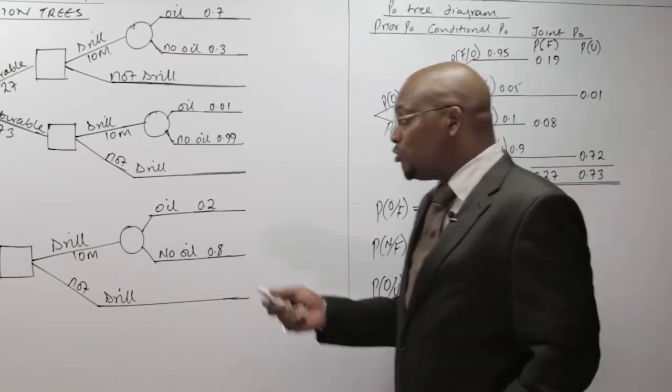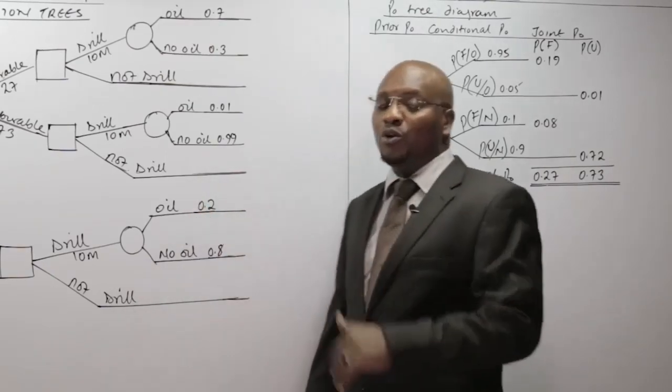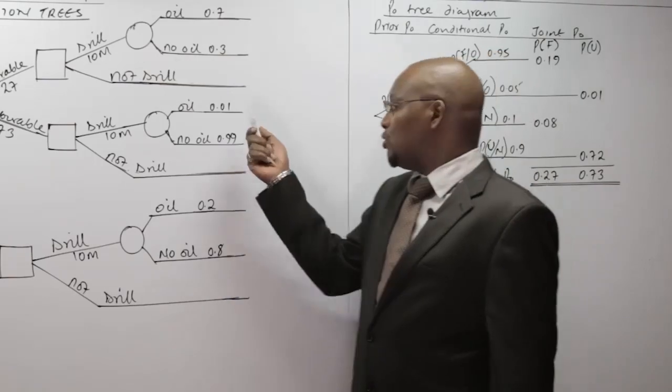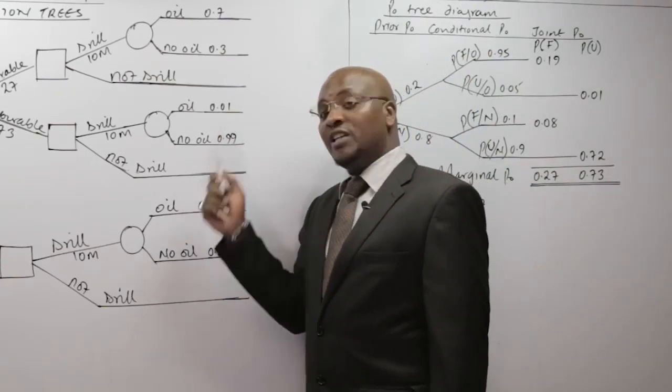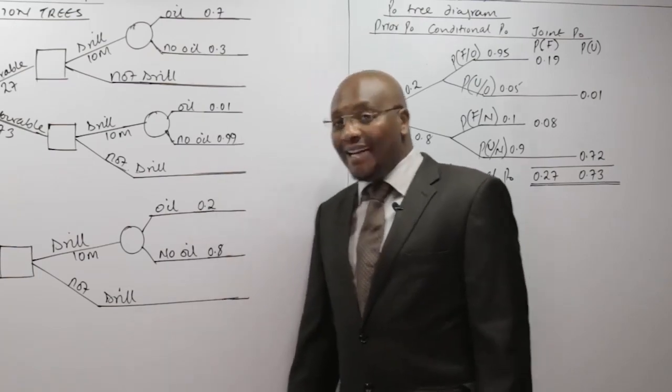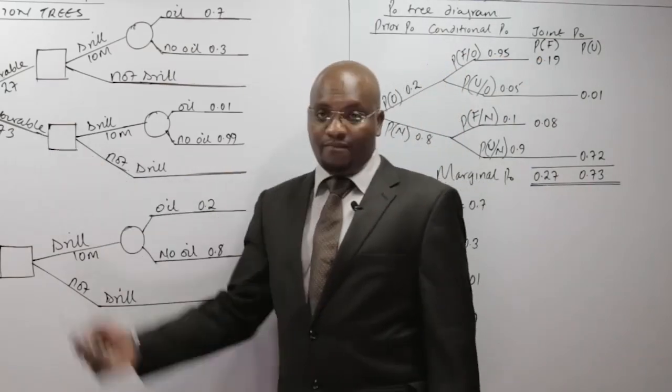So you cannot continue with your estimate of 20%. It has to go down because you have been discouraged, and therefore it goes down to only 1%. And the probability of no oil goes to 29%. So you are likely to not drill if you're given this kind of report.